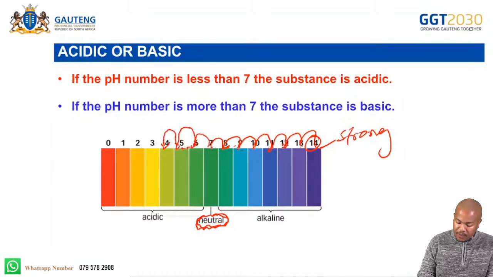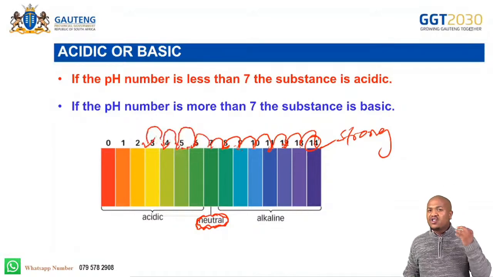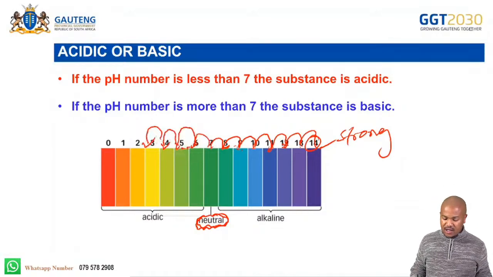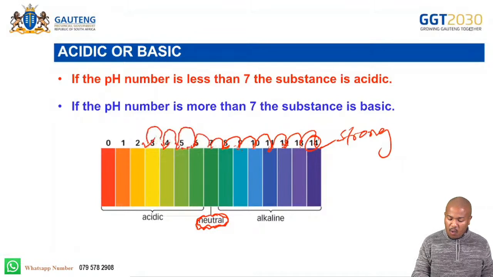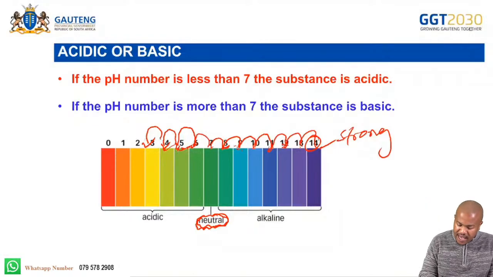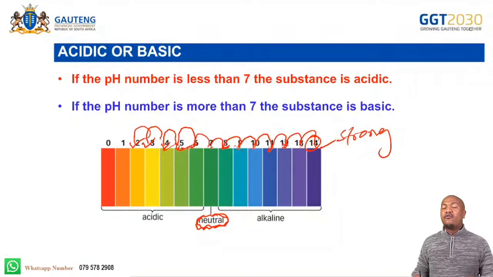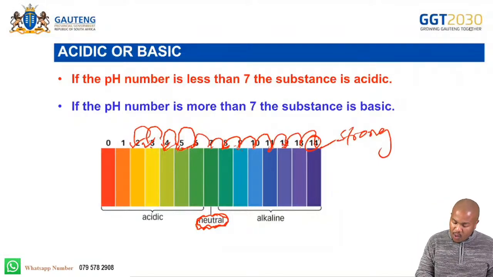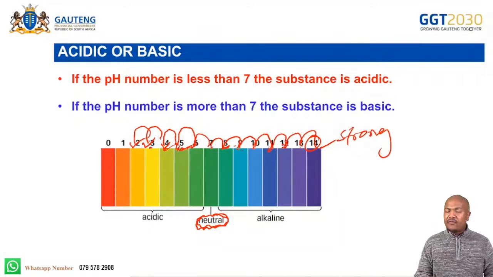Are we together? Then at pH value 3, you find a strong acid again, which is stronger than the one at 4, 5, and 6. Then at pH value 2, you start to find one of the strongest acids, which is stronger than the one at 3, 4, 5, and 6.